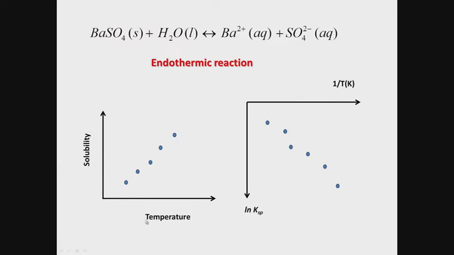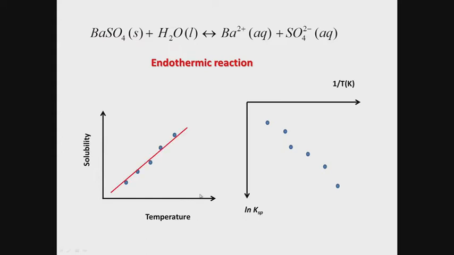This information can be translated back and we can find out the solubility of barium sulphate at a given temperature. So, if I plot temperature along the x axis and solubility of barium sulphate along the y axis, then typically these are the experimental points that one obtains by varying the temperature from about 25 degree centigrade to 60 degree centigrade.